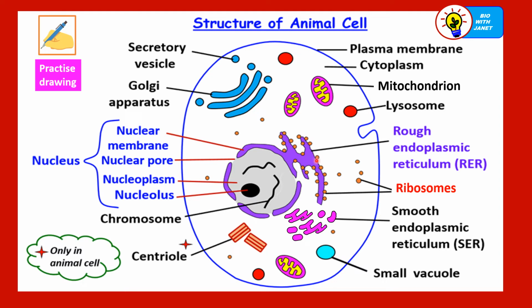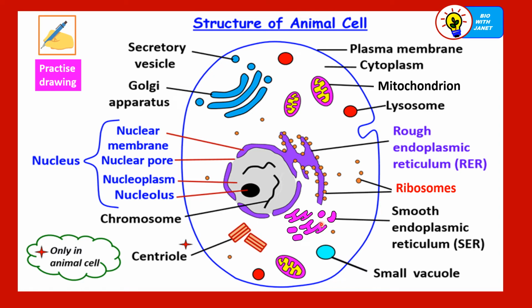Whereas a ribosome will synthesize proteins, all right? So ribosomes are the site for synthesis of proteins, okay, which are then transported by the rough endoplasmic reticulum, right?